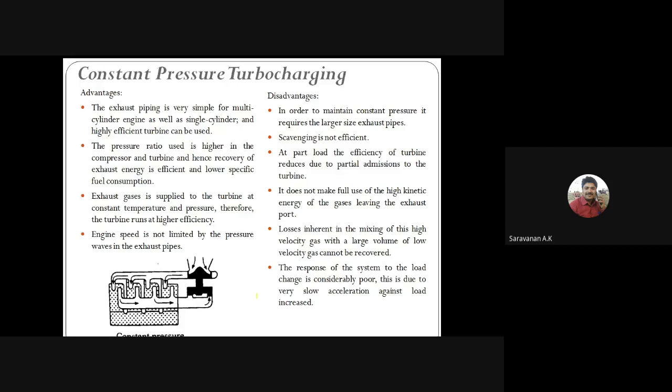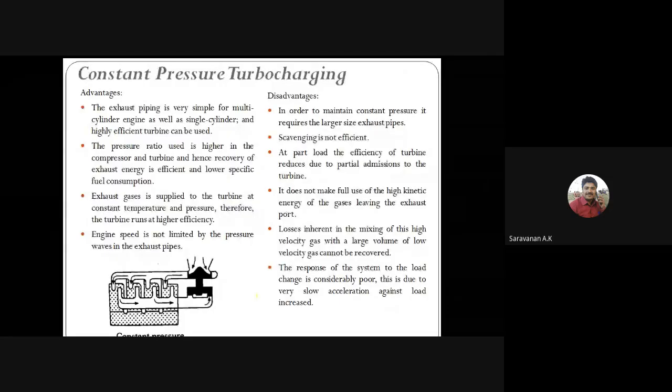We are using multi-cylinder engines, so the exhaust from the various cylinders discharges into a common manifold. The pressure will be higher than the atmospheric pressure.